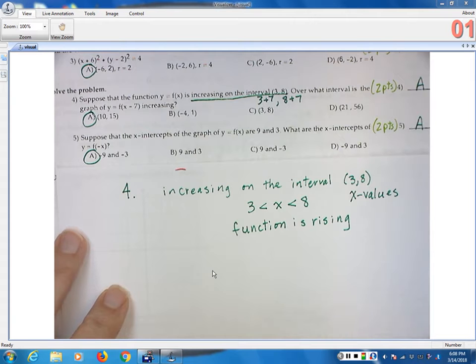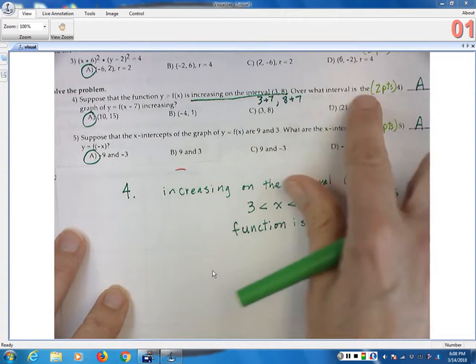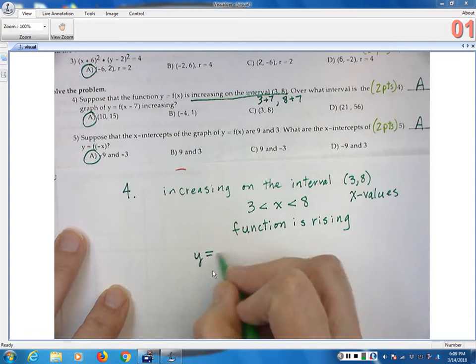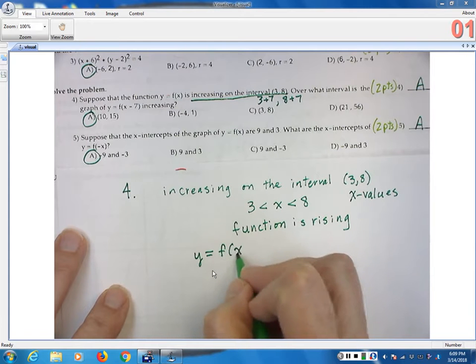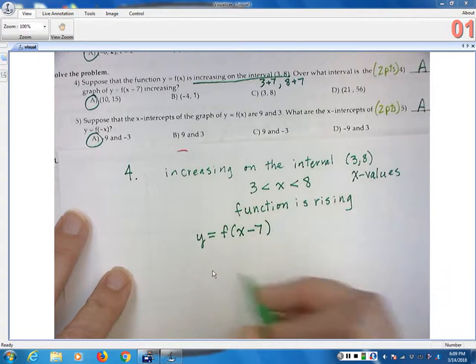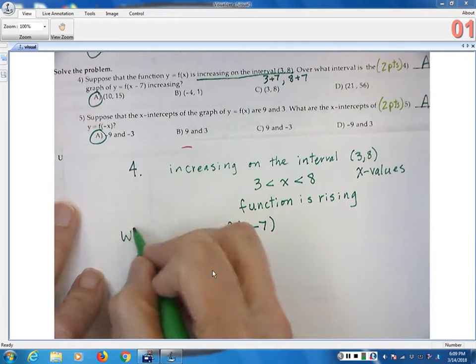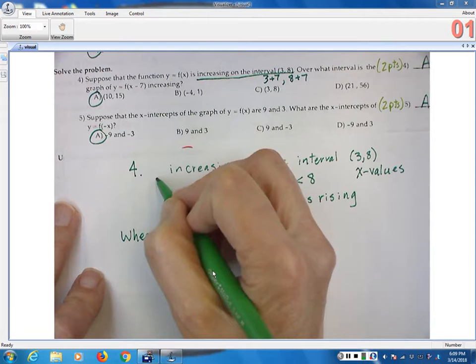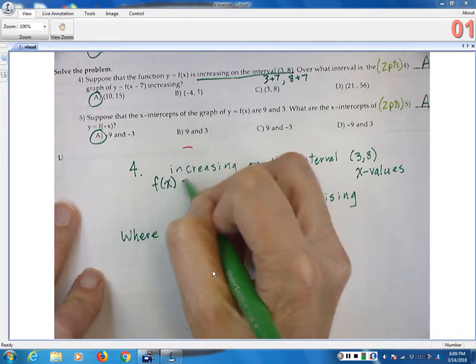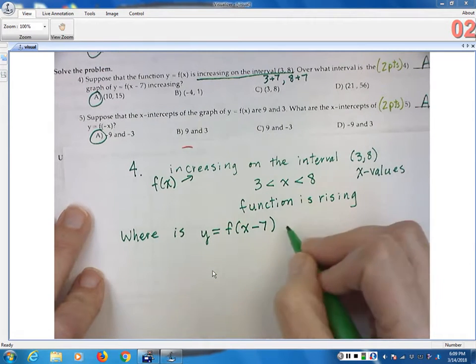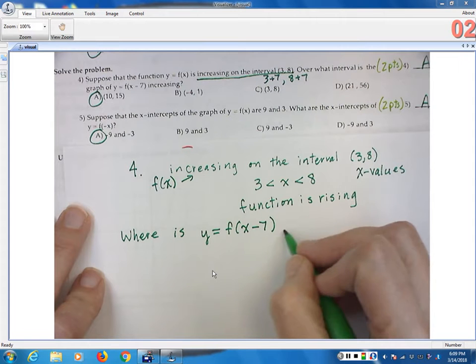And then it says, over what interval is the graph of y equals f of x minus 7 increasing? f of x was increasing, what? x minus 7. Where is f of x minus 7 increasing?